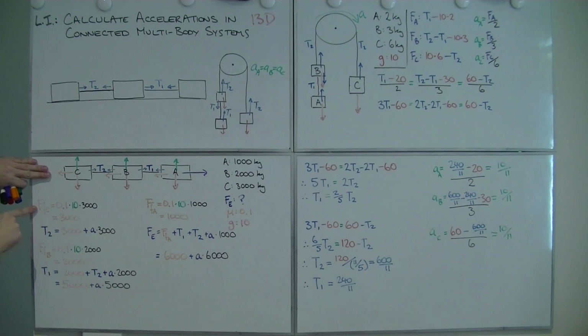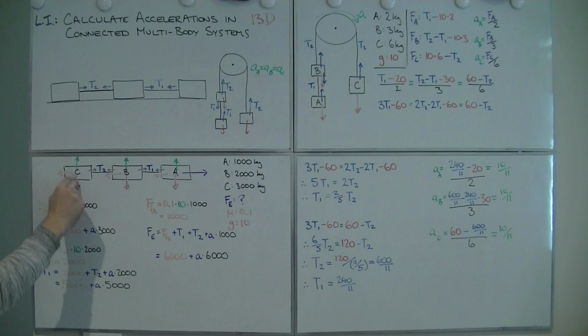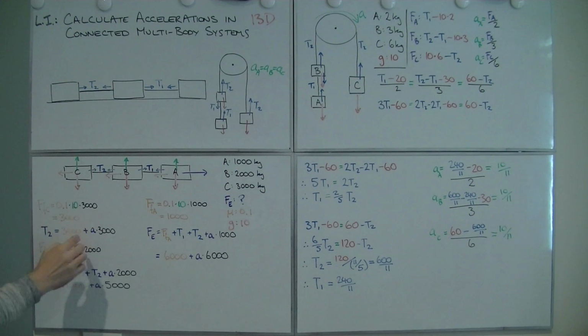Friction, frictional force on carriage C. So 0.1 times 10 times 3,000, so constant times normal force, which is mg in this case, since they're equal. I put that in green just to remind you that that's normal force, not gravitational force necessarily. But in this case they have to be equal. Great, so that's our friction on C.